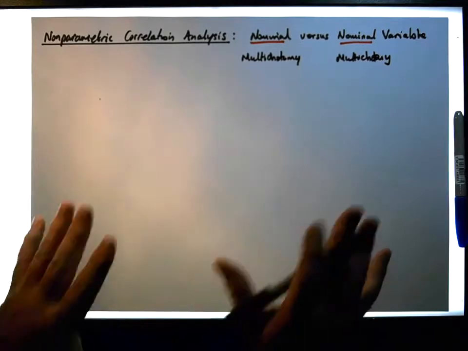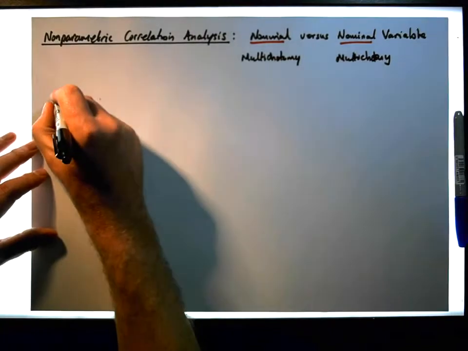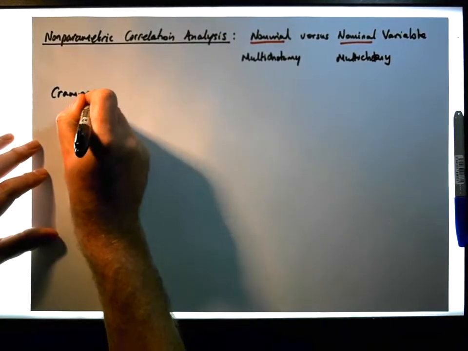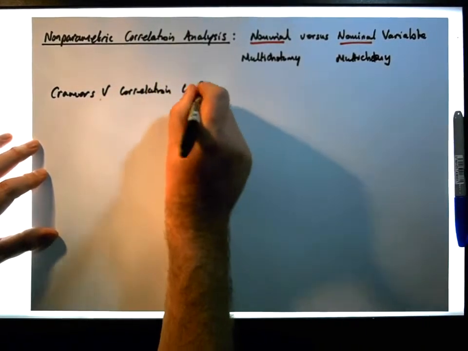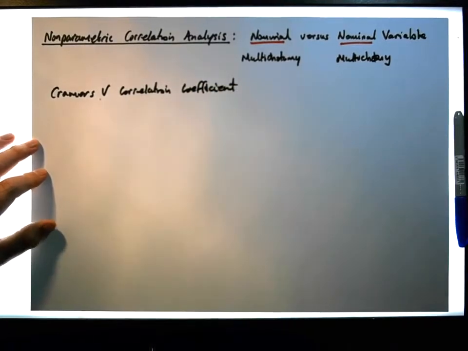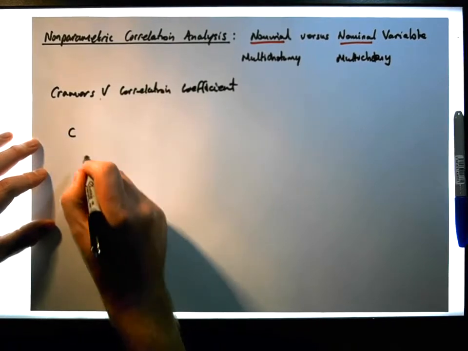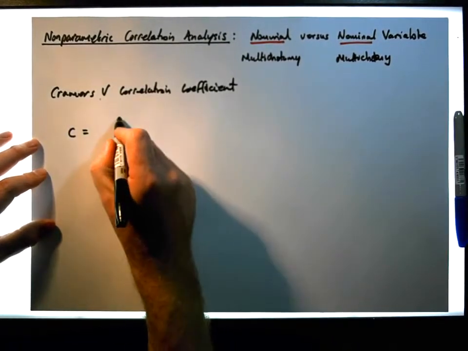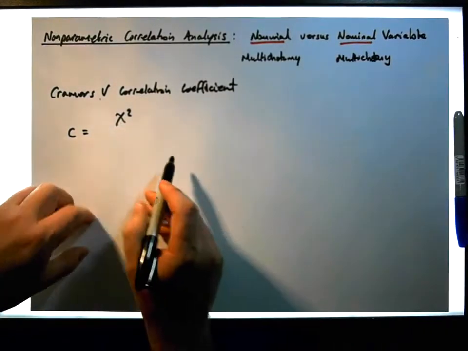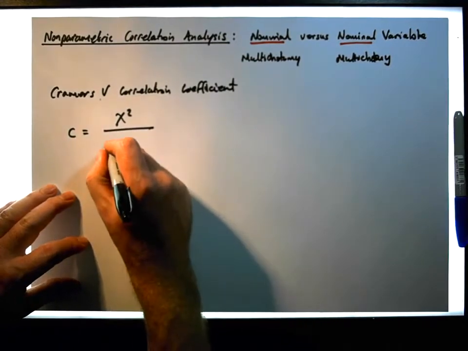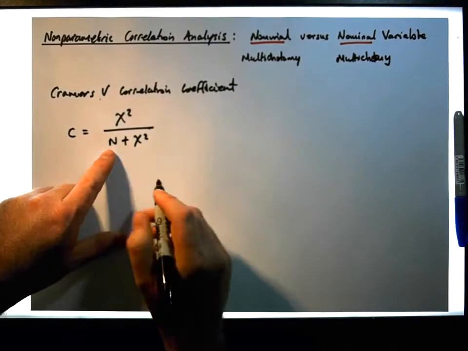In this particular instance, the correlation coefficient is known as Cramer's V. The formula for Cramer's V, sometimes labeled as C or V, maybe we'll just call it C, is equal to the square root of the ratio of the chi-squared value, in relation to the contingency table associated with the two variables, to the total sample size, the total number of observations, plus the chi-squared value. That is, it's raised to the power of a half.